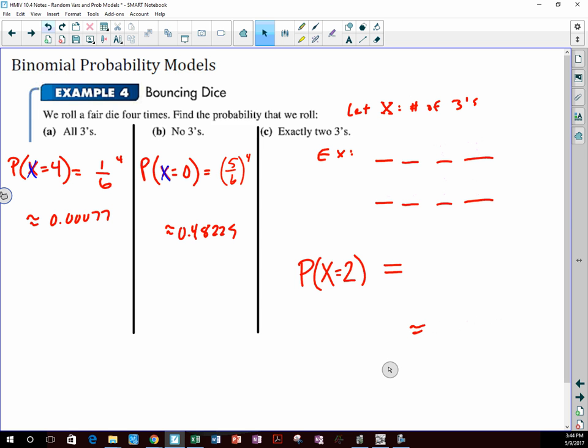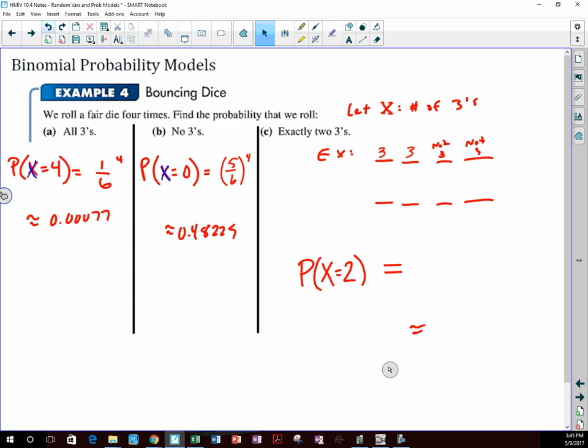The next problem gets a little bit more interesting because it says we're going to roll exactly 2 threes. I just have an example here. If you roll a die 4 times, let's say that we get our threes in the first 2 rolls. So we get a 3, and then since it says exactly 2 threes, those are the only 2 threes we can get. That means the next one would not be a 3, and the last one would not be a 3.